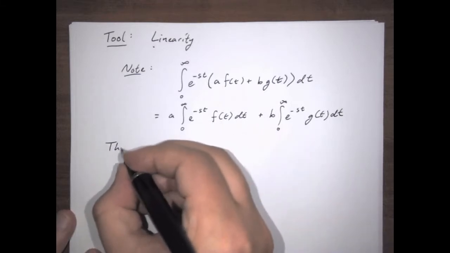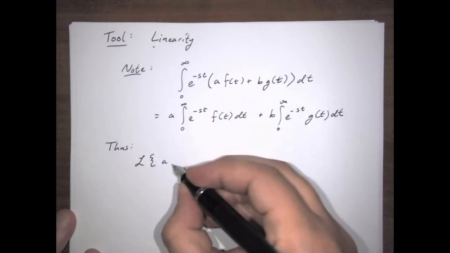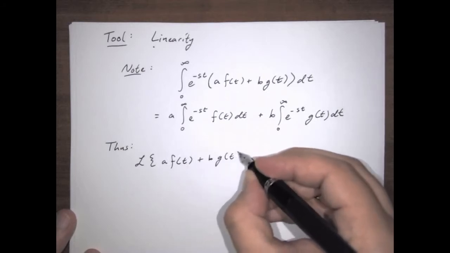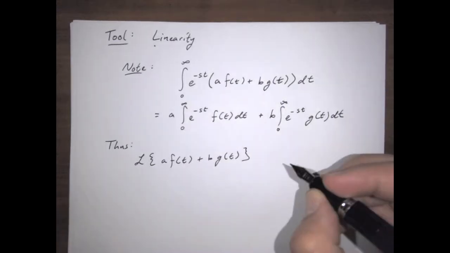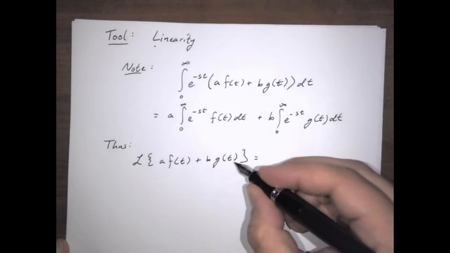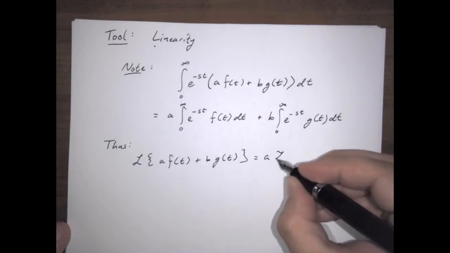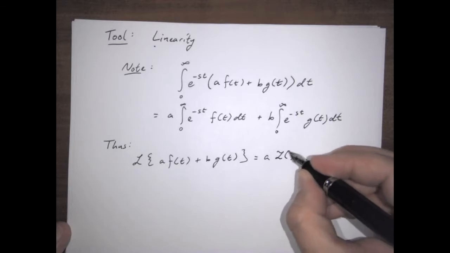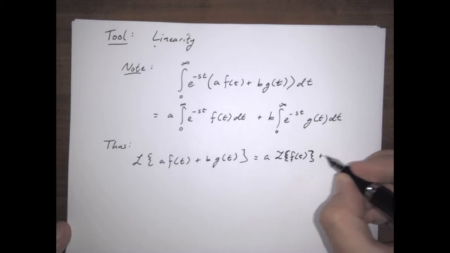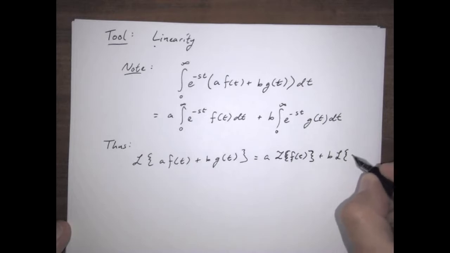Thus the Laplace transform of a f of t plus b g of t is equal to a times the Laplace transform of f of t plus b times the Laplace transform of g of t.